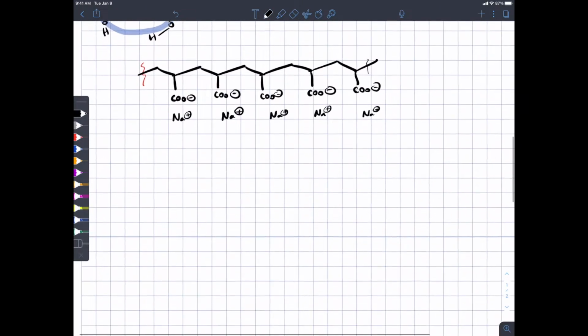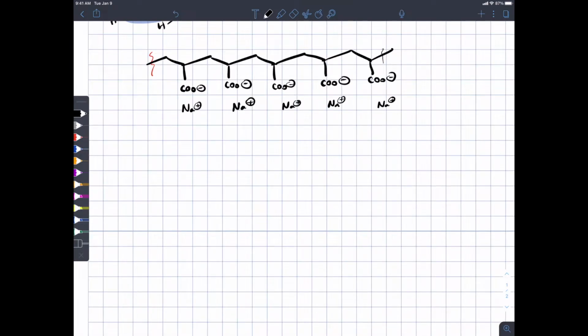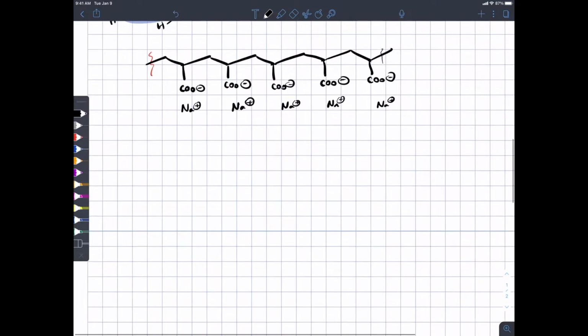Classic example of a polyanion where ion pairs are important is in nucleic acids. So as you know, the sugar phosphate backbone of a nucleic acid is heavily negatively charged.